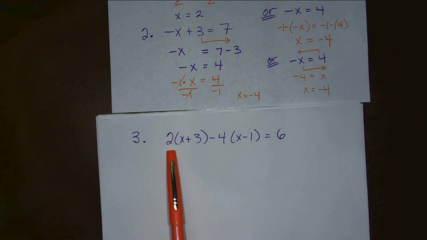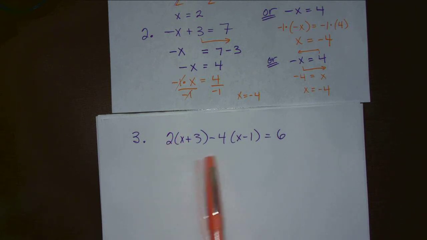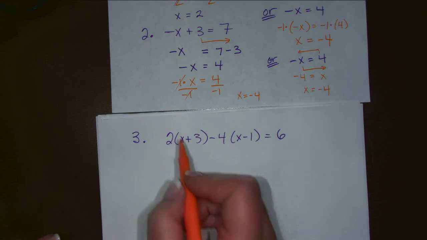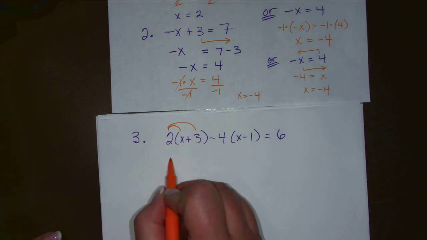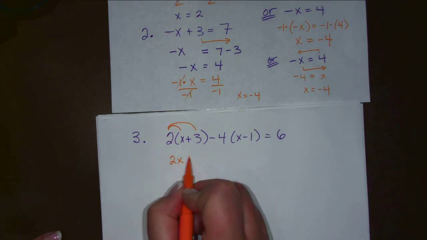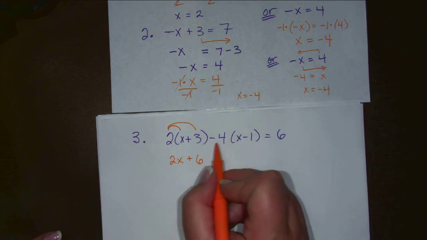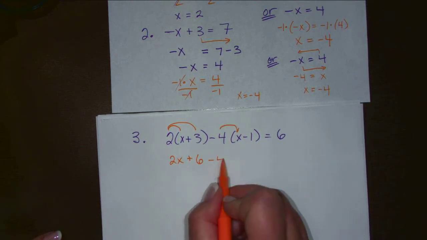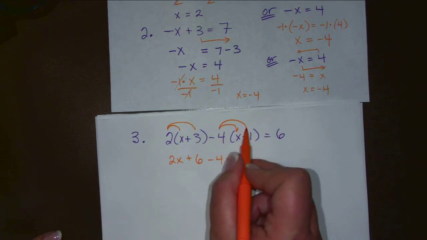That is the 2 onto, remember we say onto when we see that, onto x plus 3, minus 4 onto x minus 1. So just like when we were simplifying fractions, we multiply that all out. So 2 times x, 2 times 3 is positive 6, minus 4 times x, and minus 4 times minus 1.